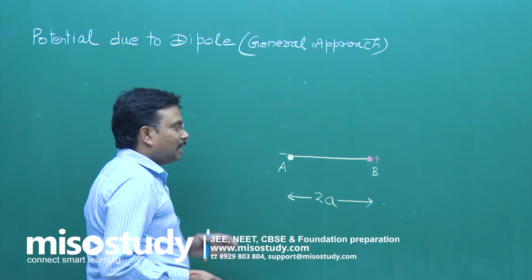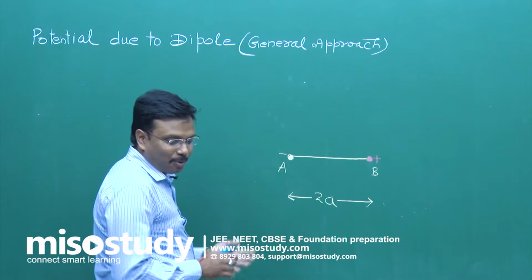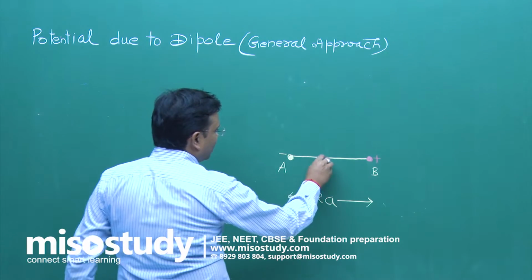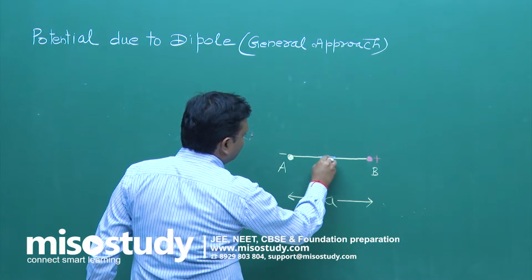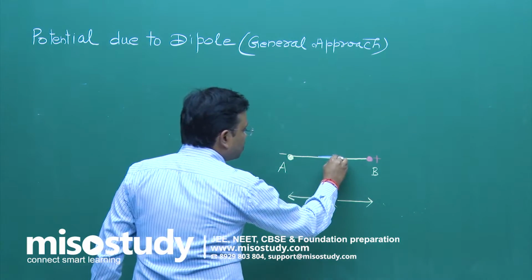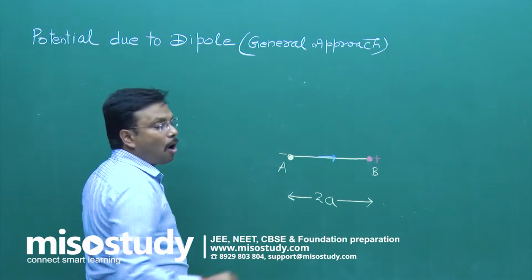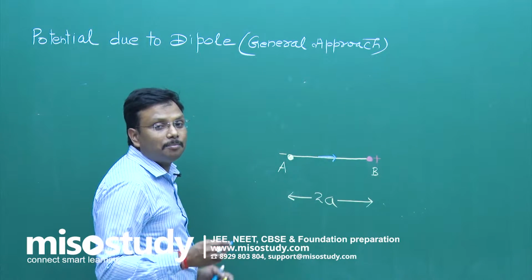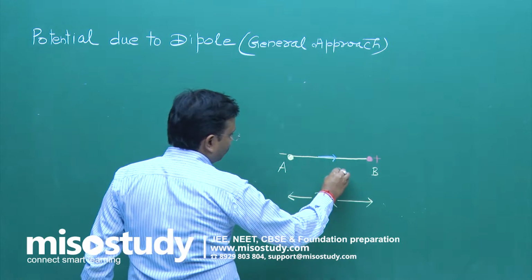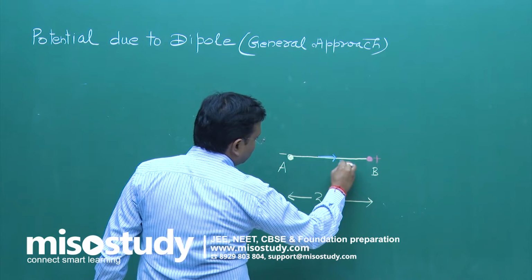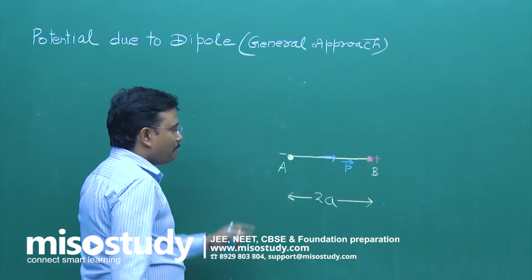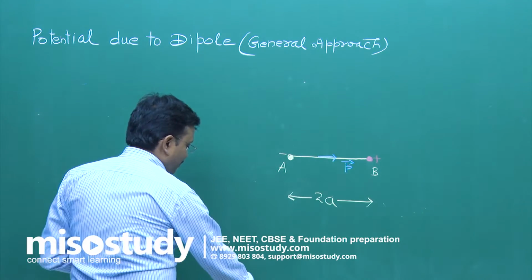Now the direction of the dipole is going to be in this way. This blue color arrow shows the direction of the electric dipole moment, that is P. So this is the direction of P, minus to plus.